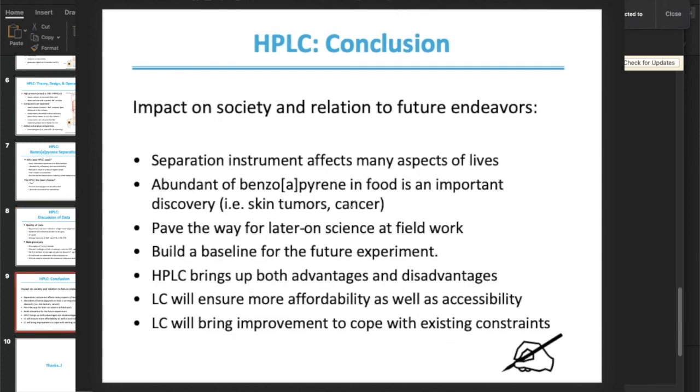Separation instruments like HPLC will affect many aspects of our life. Indeed, without this instrument, our world would be a less clean and also unhealthy place.